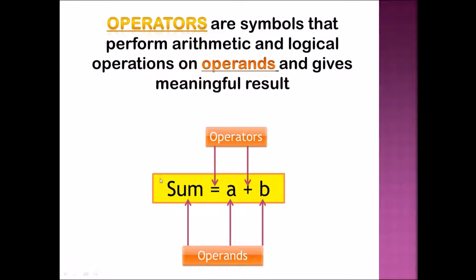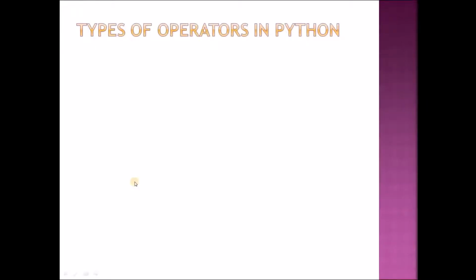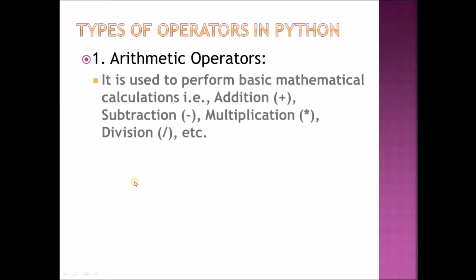So now moving further, we'll learn about the different types of operators that we use in Python. The first operator that we come across is the arithmetic operators. In case of arithmetic operators, we have plus, minus, multiplication and division. These are the operators that we use which are termed as arithmetic operators.